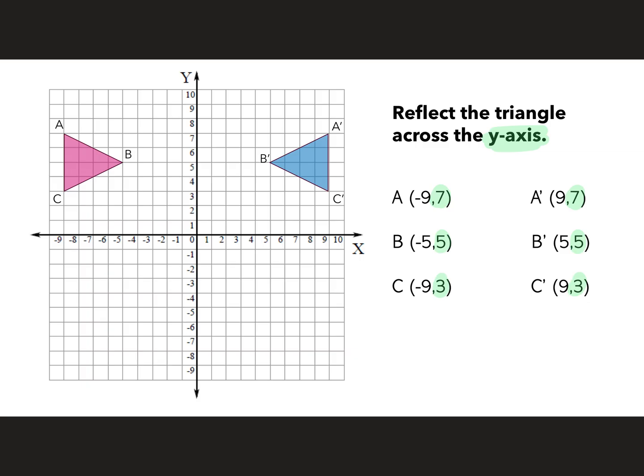Well, because when you flipped over the y-axis, you didn't go any further up or down. You flipped to the right, but you didn't go up or down, so that up or down number is not going to change. Now look at the x numbers. The -9 became a what? A +9. The -5 became a +5. They changed to their opposites. So I bet there's a rule for that.